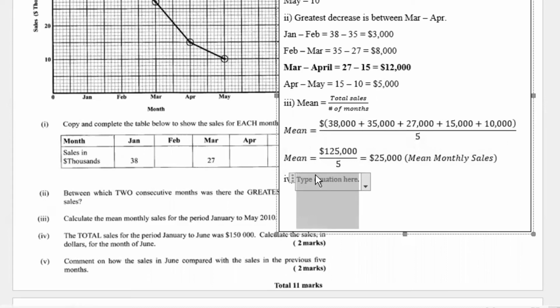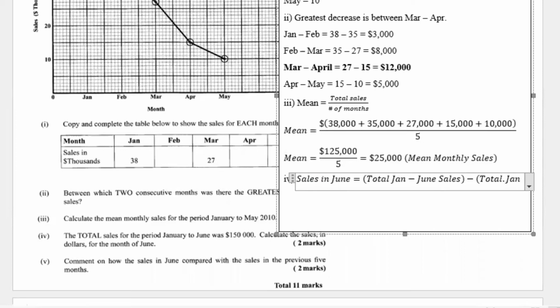So therefore, sales in June is equal to, let's say, total January to June sales minus total January to May sales.